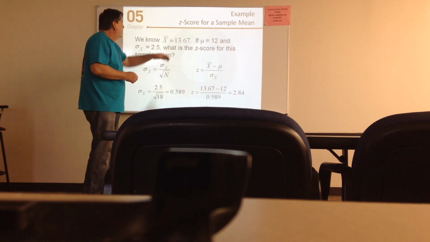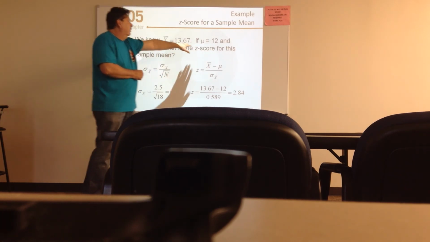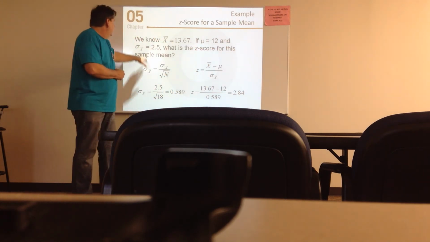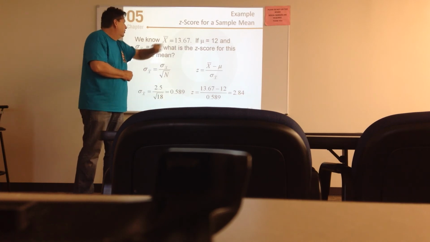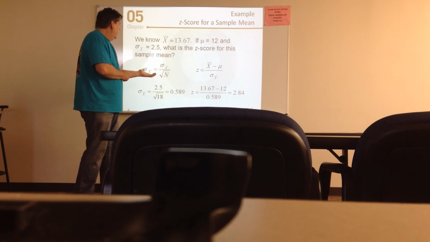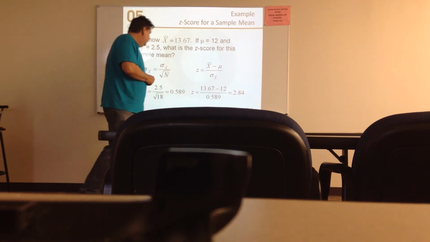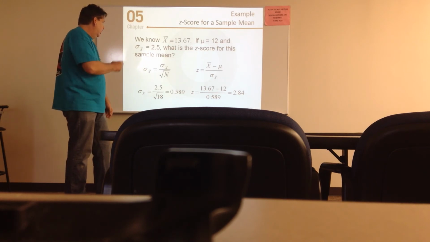So if we know that our sample mean is 13.67, our population mean is equal to 12, and our standard deviation is equal to 2.5, what is the z-score for the sample mean? So what I'll do here is I'll take this formula and break it down into this type of formula here.